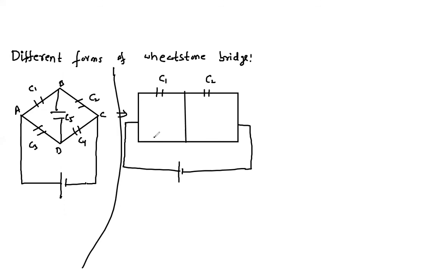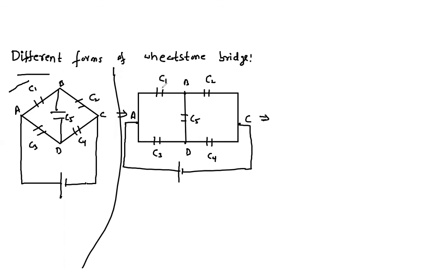This is C3. This is C4. This is C5. This is point D. This is point A. And this is point C. It's the same circuit. The simple transformation is that instead of these slant lines, I take a straight line. That's it.